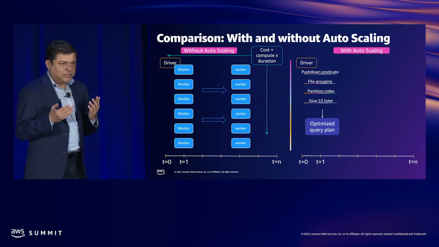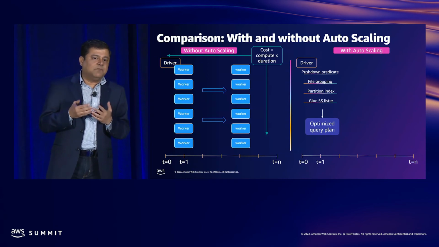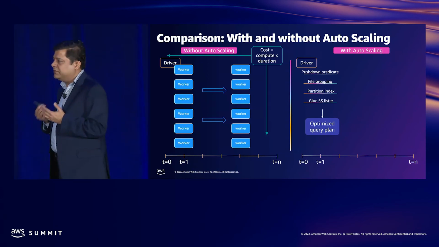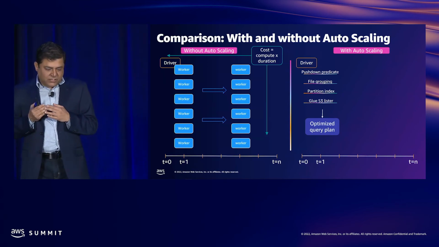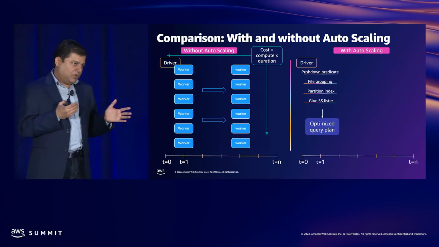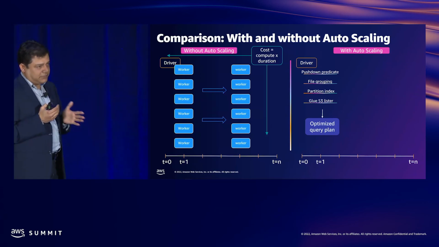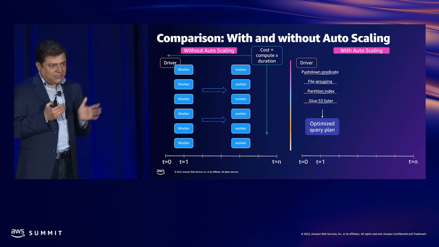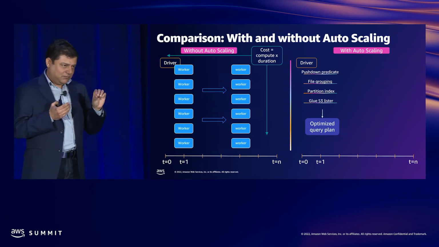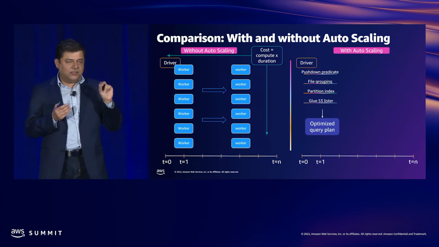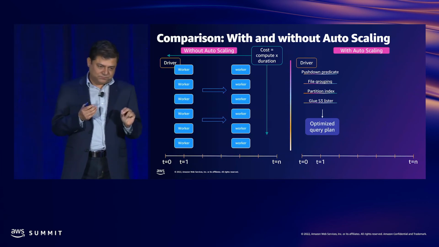It's doing some of the other optimizations to come up with a perfectly optimized query plan. During this time, Glue will not provision any worker. You're only charged for the driver compute node.